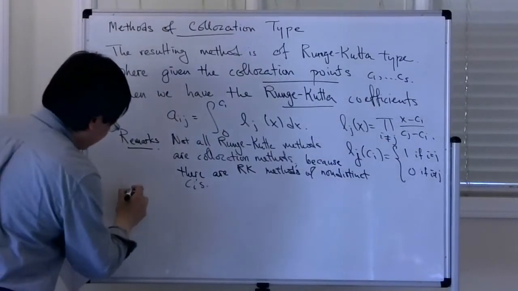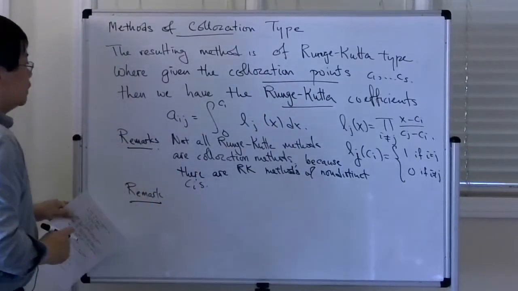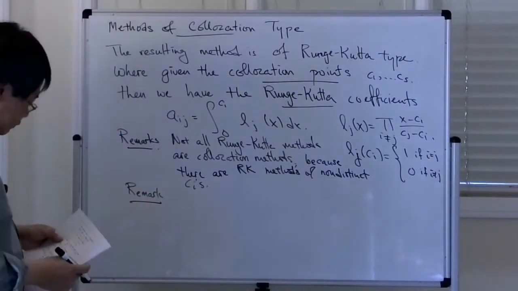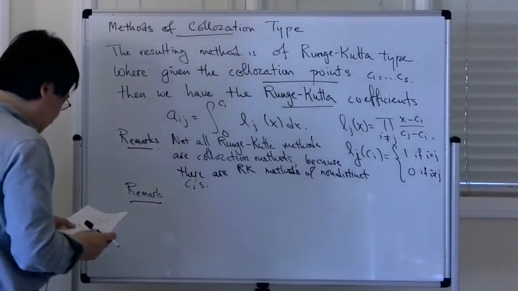And the second remark is that once you specify the ci's, once you specify the collocation points, then there's of course a unique Runge-Kutta method associated with it.